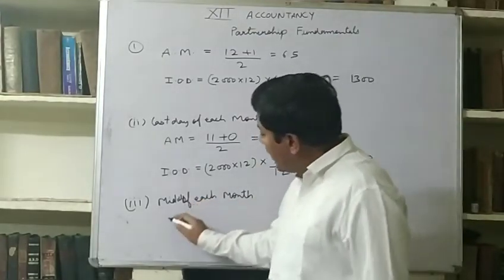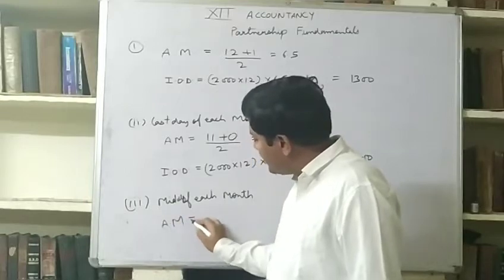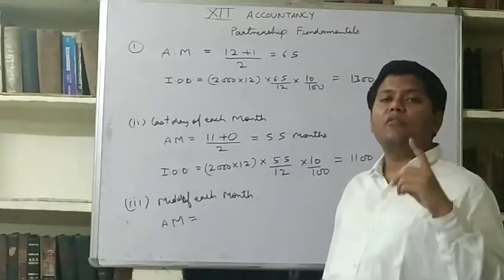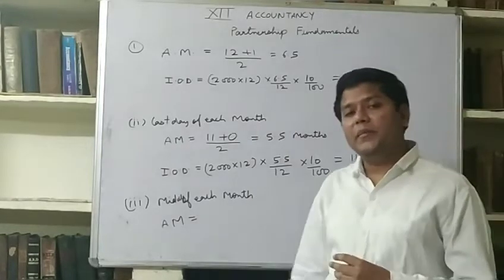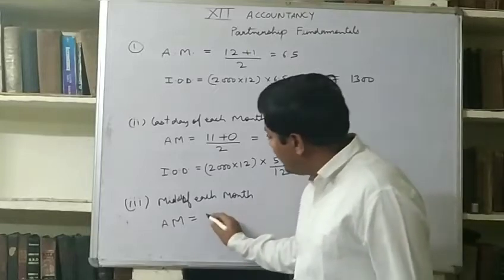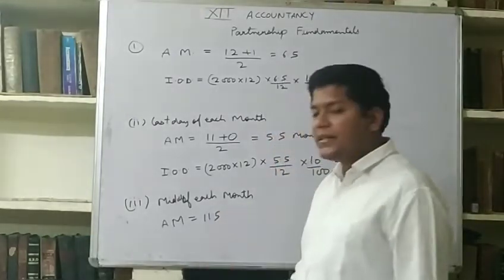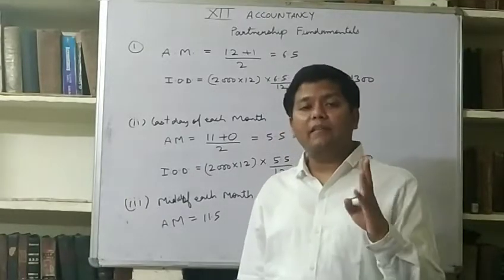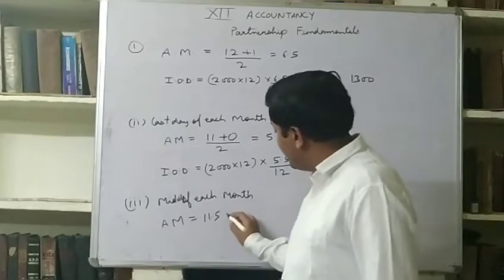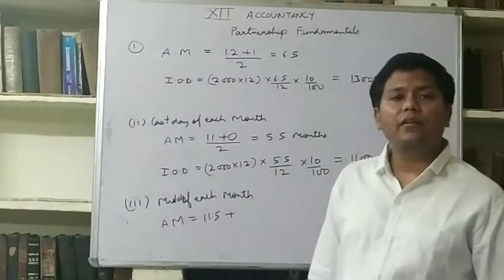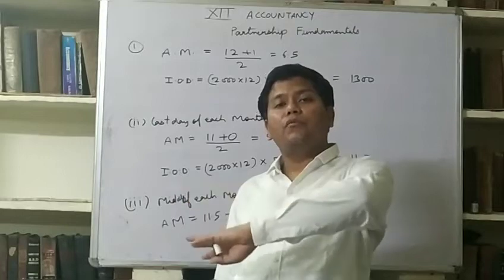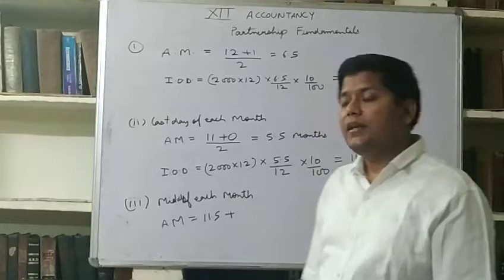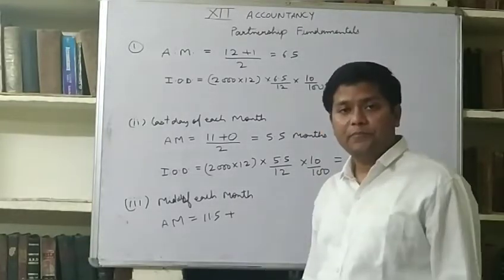So in this case, how will we calculate average months? First drawing he will make in the mid of the first month. Then how many months will be remaining for the year? 11.5. For example, he withdrew on 15 April. Then how many months are remaining? 11.5 months. And last drawing he will make on 15 March. For example, if our year is April to March 20, then 15 March 2020 will be the last drawing.